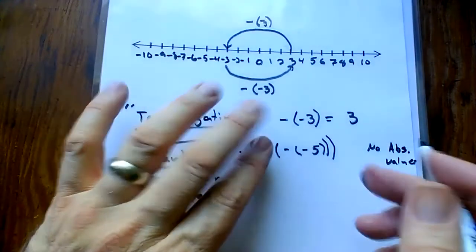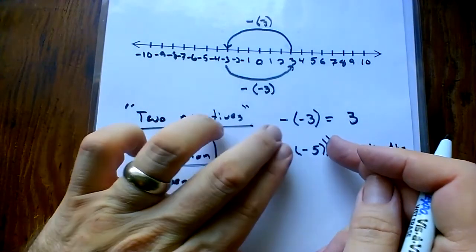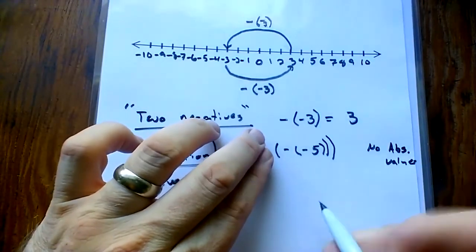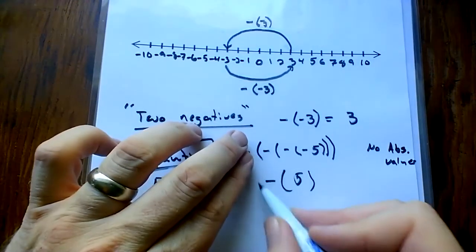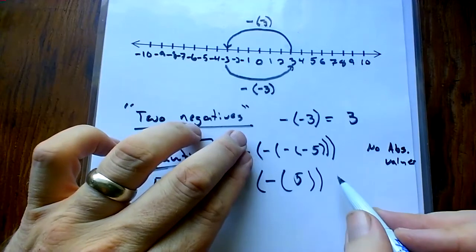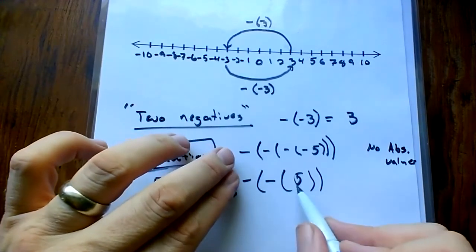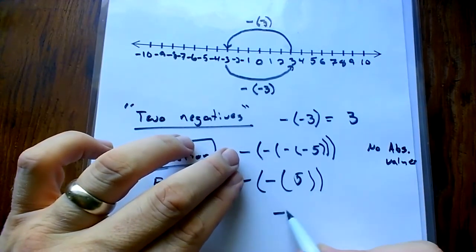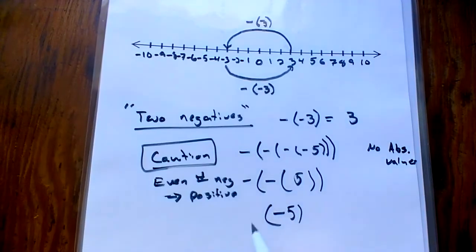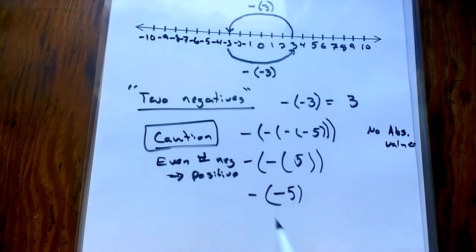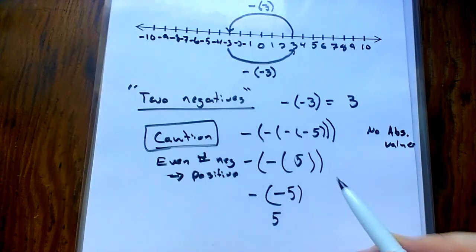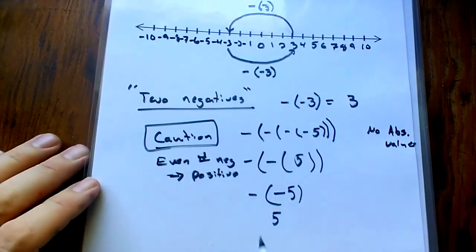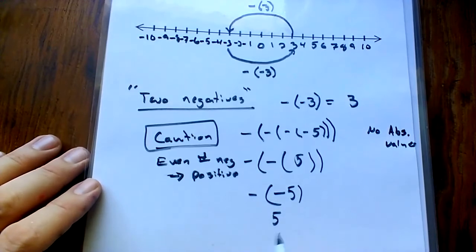Essentially, we always evaluate this from the inside out. -5, the opposite of a -5 would be a +5. The opposite of 5 is going to be -5. The opposite of a -5 is a +5. So pairs of negatives cancel each other out, leaving us with a positive number.